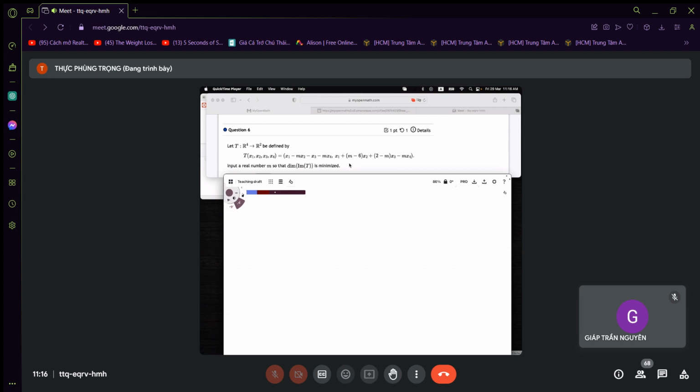Now, question number 6. The dimension of the image is always the same as the rank of the matrix in the standard basis. What do we have for this one? You get it from the question. T of E1 is 1, 1, right?